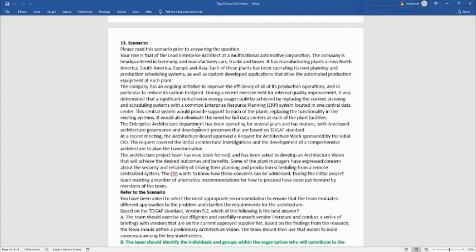At a recent meeting, the architects approved a request for architecture work sponsored by the local CIO. The architecture project team has now been formed and has to develop an architecture vision that will assess the desired outcome and the benefits. Some of the senior managers have expressed concerns about the security and reliability of driving the plants from the remote center.